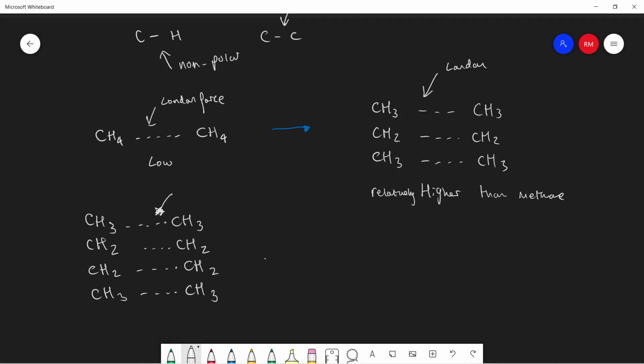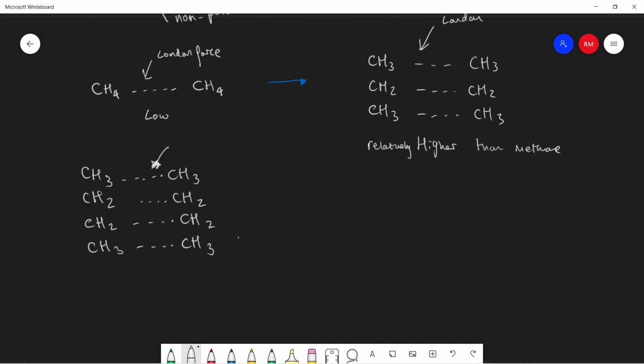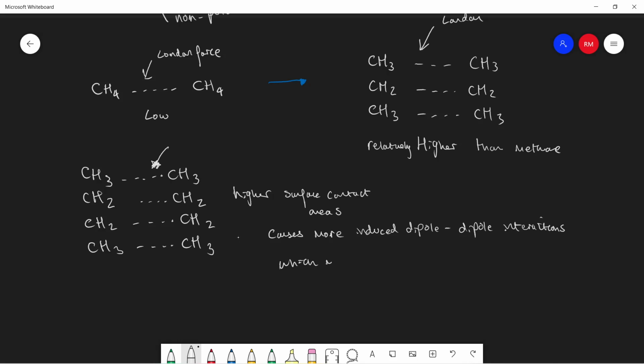And because of the higher surface contact areas, this causes more induced dipole interactions, which means more energy is required to break these.